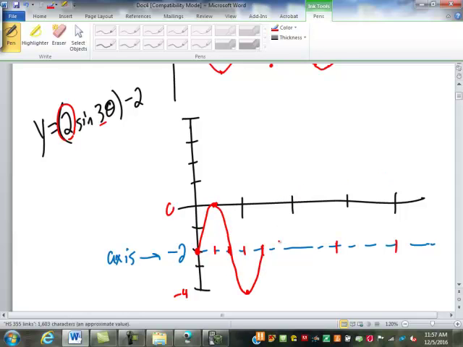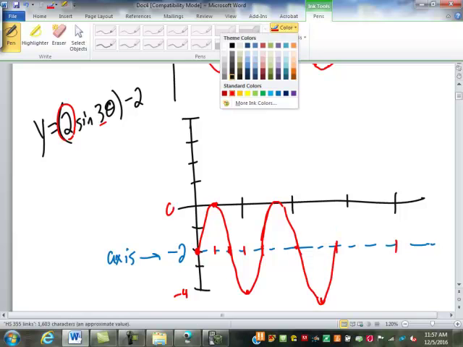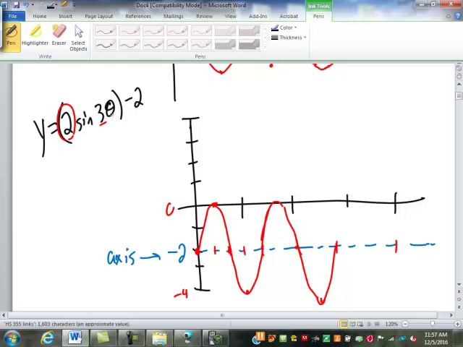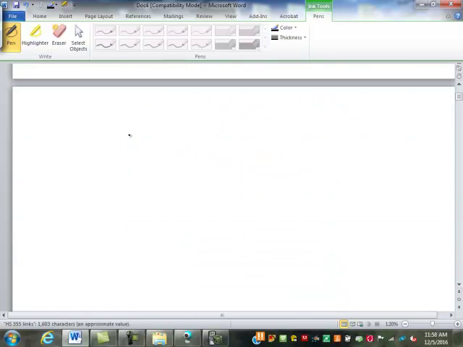Then you can continue it out from there if you wanted to. So it's not so bad once you just see the commonalities of it. Now, probably the most difficult one is if we have something inside the trig function.